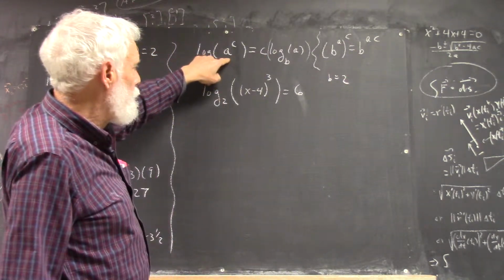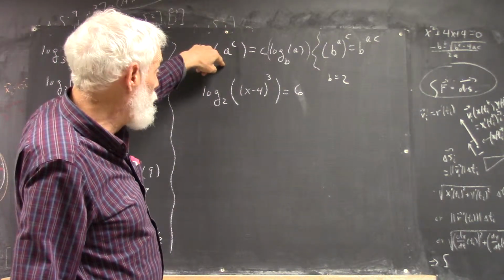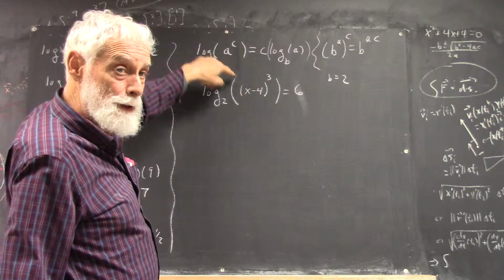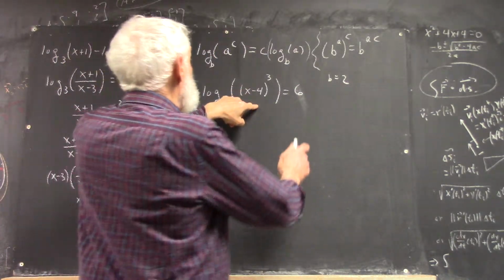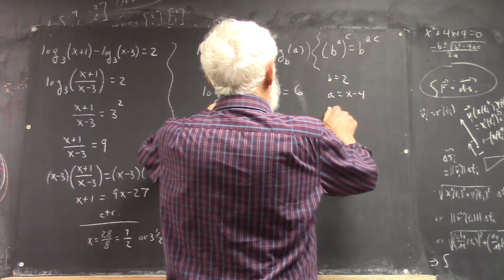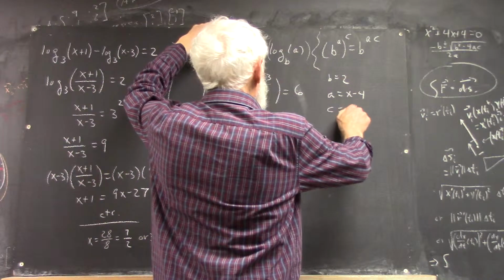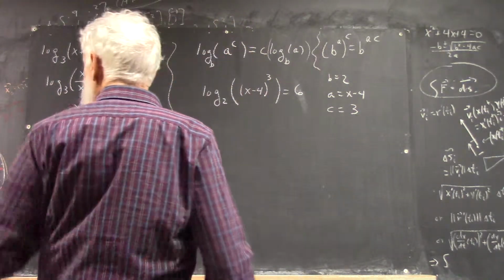Now, A is the thing that's raised to the power C, right? What's being raised to a power here? It's the x minus 4. And C is the power, so C is 3.